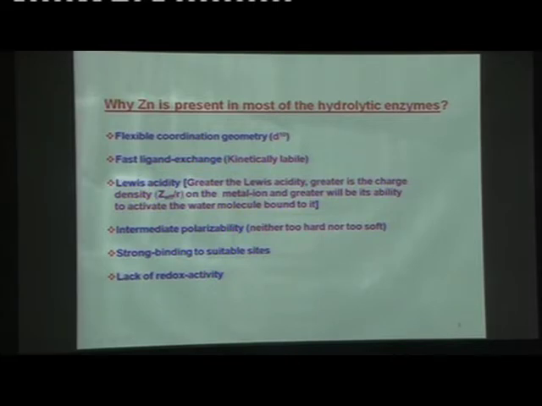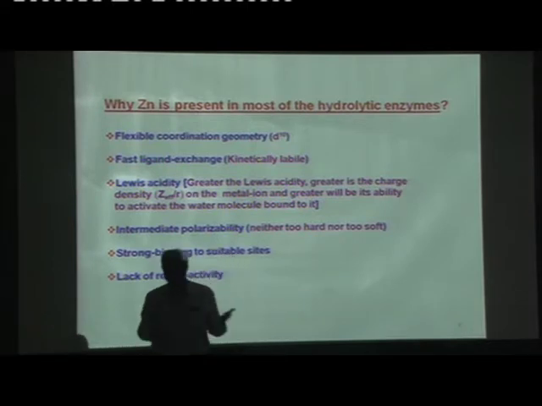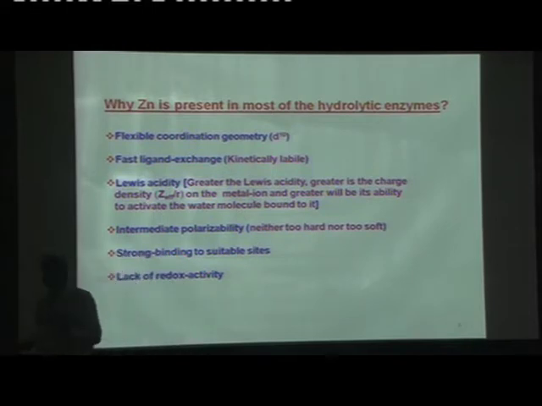If zinc pulls a lot of electron density, then this water will become acidic quickly. So a metal coordinated nucleophile will be generated, and it can attack for the job of hydrolysis or carbon dioxide processing to bicarbonate ion, carbonic anhydrase. These are all connected.